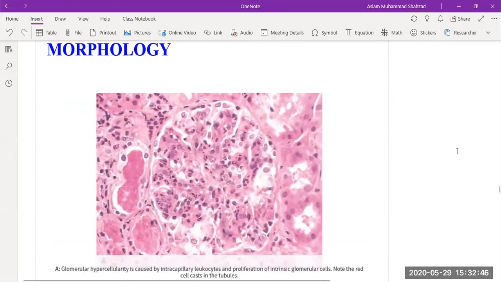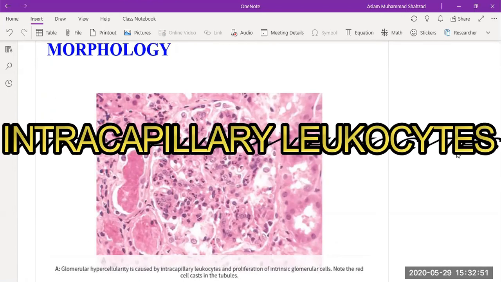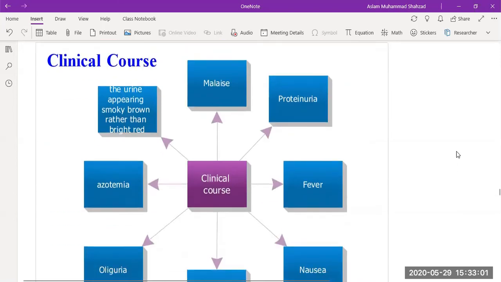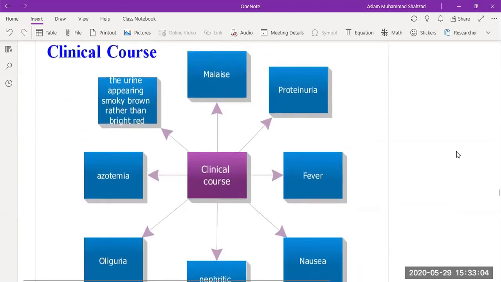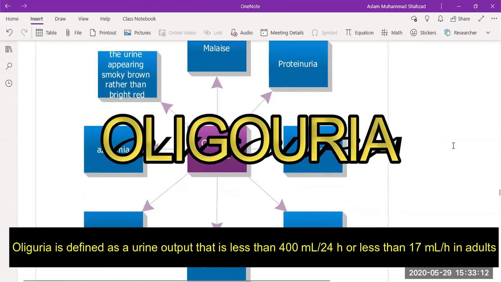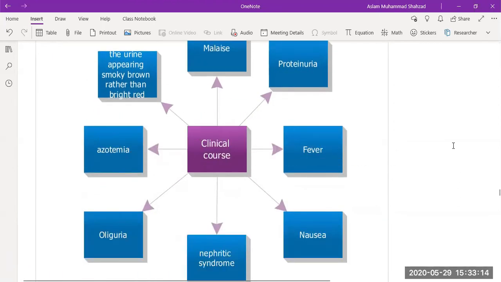This is another morphological picture, showing the abundance of intracapillary leukocytes, and that's the main characteristic that will be observed under microscopic study. The clinical course consists of the following properties: malaise, proteinuria, fever, nausea, azotemia, oliguria, nephritic syndrome. The urine will appear smoky brown rather than bright red in color.